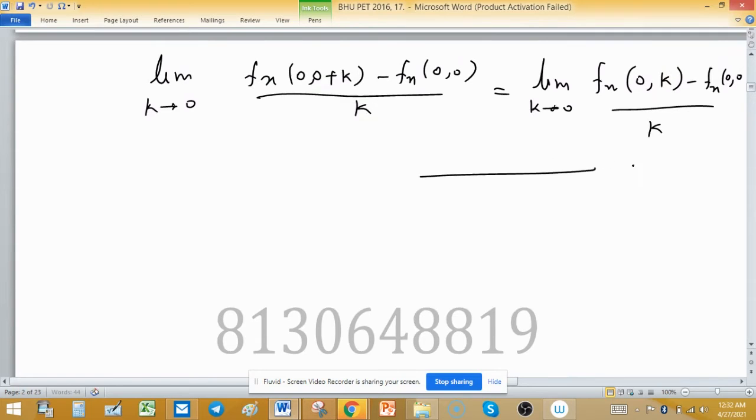Call this the second principal equation, call it Q. As we found earlier, we have to find this expression and this one.